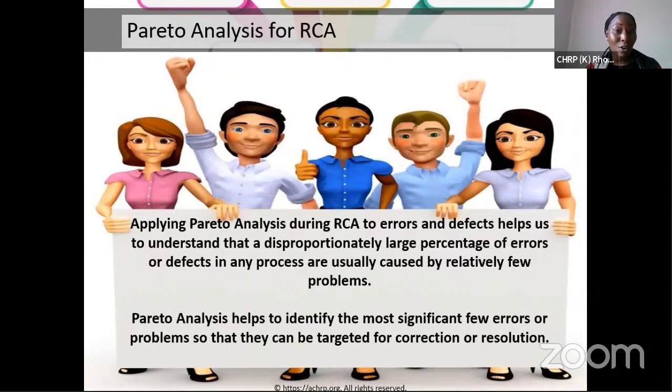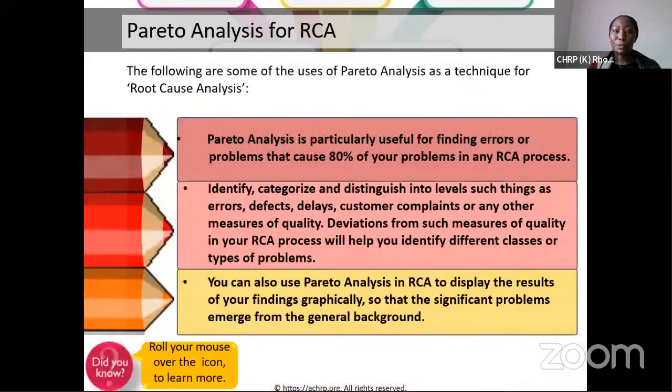That's also an application of the Pareto analysis. Then we say Pareto analysis helps to identify the most significant few errors that, if we don't get right in our organization culture, however many methods, techniques and scientific performance tools we bring into an organization, it will never work, so that they can be targeted for correction and resolution.